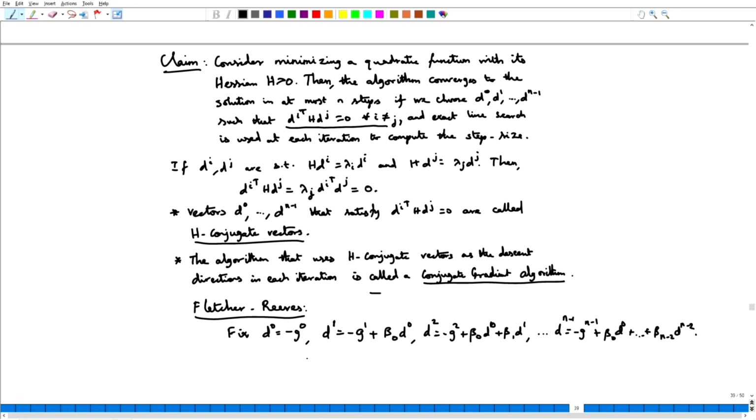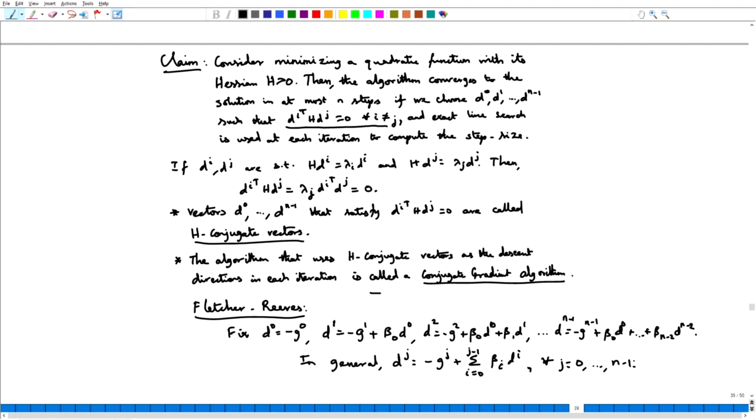In general, dj is minus gj plus summation beta i di, i equal to 0 to j minus 1, for all j from 0 to n minus 1.